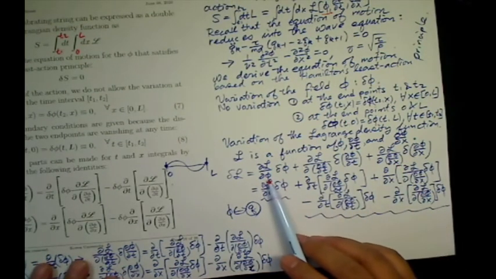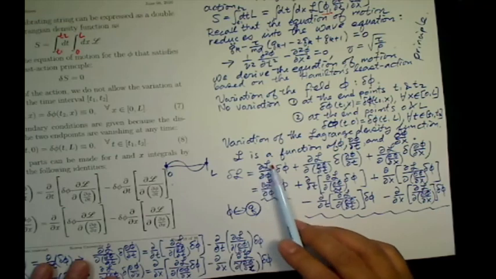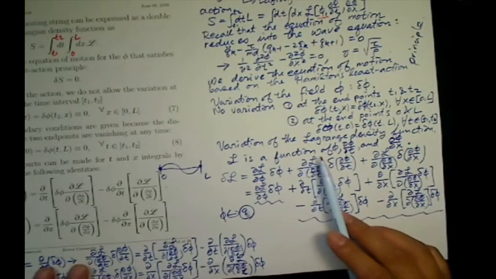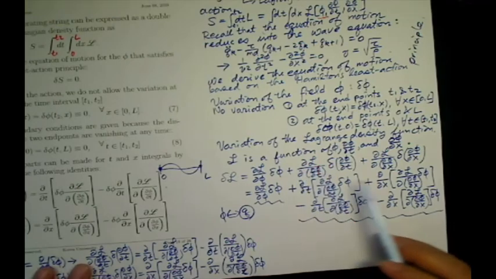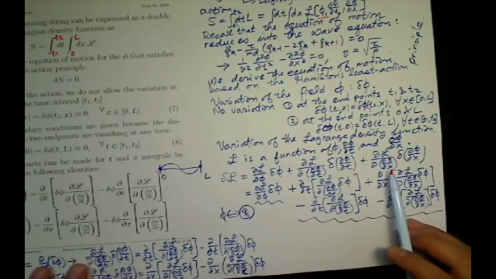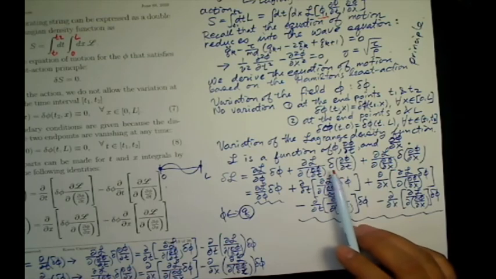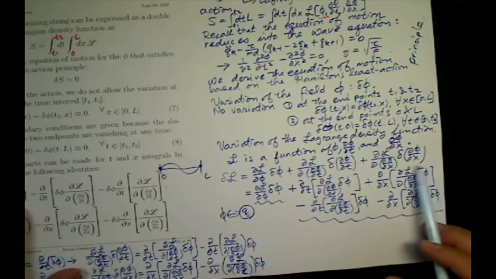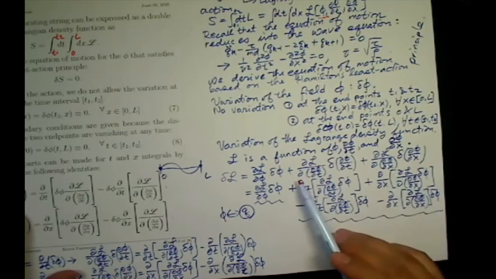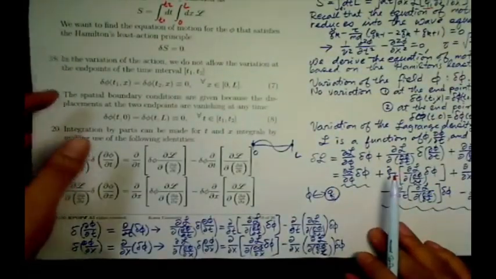Therefore, by making use of the chain rule, we take the derivative with respect to the field, the derivative with respect to the time derivative of the field, and the spatial derivative of the field, and then multiply each factor with the variation of those derivatives. This can be computed in such a manner.